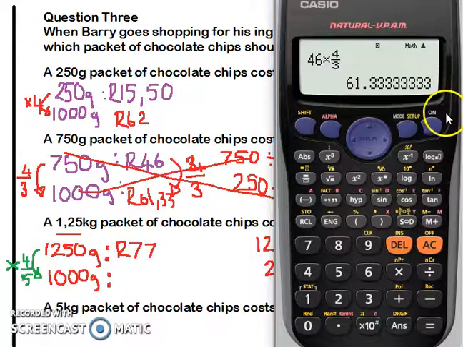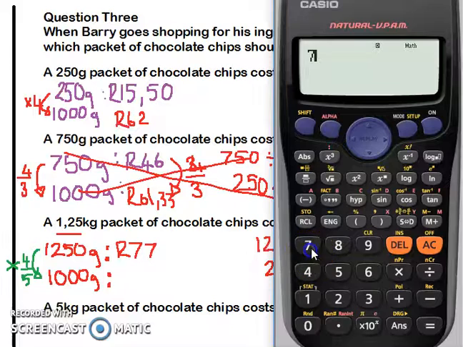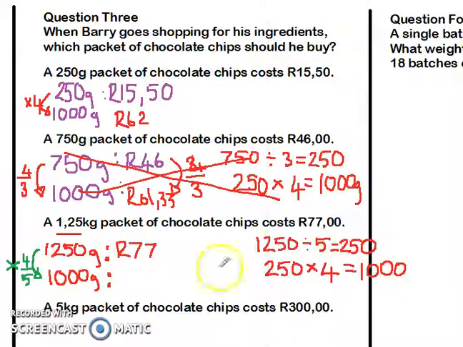Let's get our calculator out. 77 times, and bracket, 4 over 5 equals 61 rand and 60 cents. 61 rand and 60 cents. So this one is no longer the cheapest.